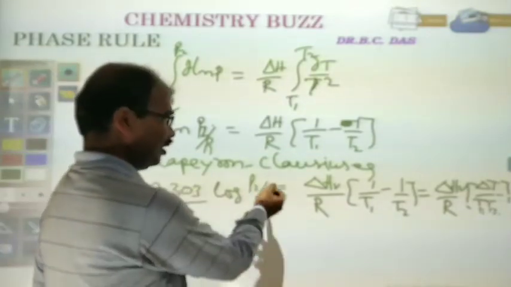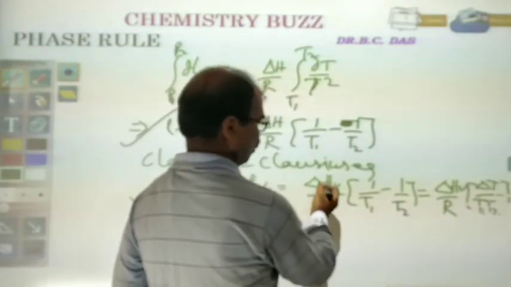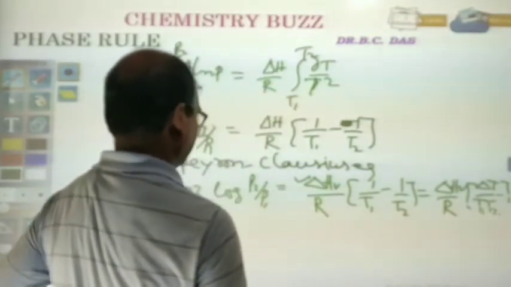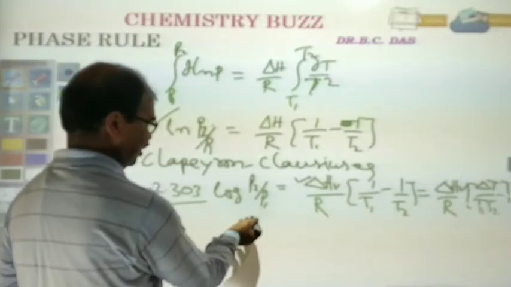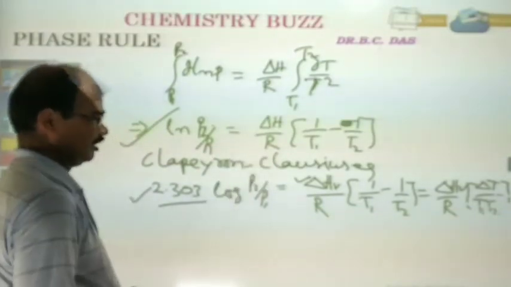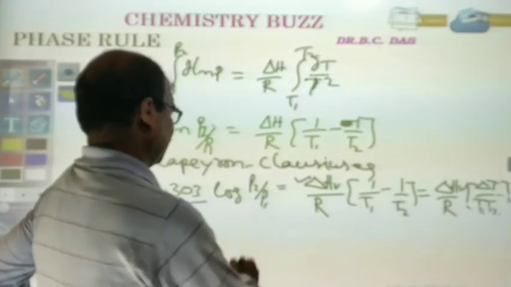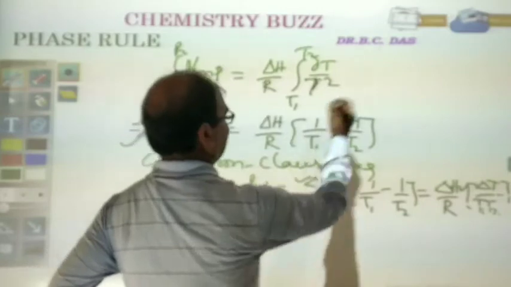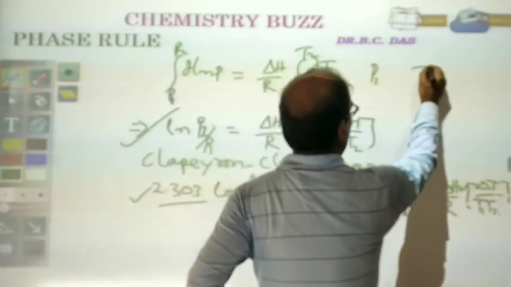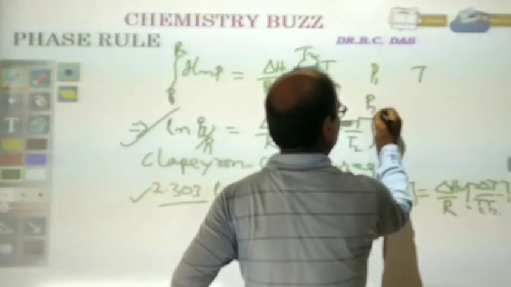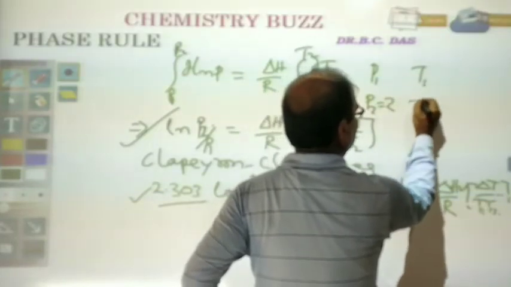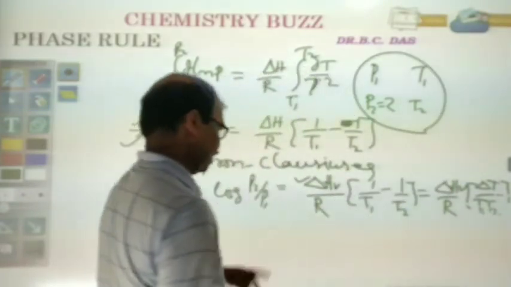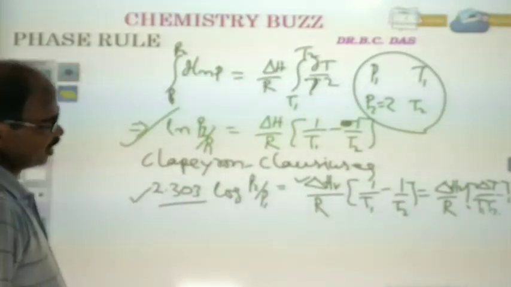So from the Clapeyron Clausius equation we can compute the value of heat of vaporization and also the vapor pressure of the substance at a given temperature if it is given at another temperature. Okay. If you are given T1 and T2 is asked, or T2 is given, then it can also be calculated from the Clapeyron Clausius equation.